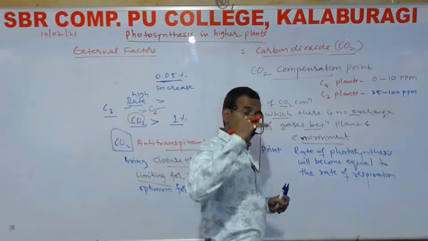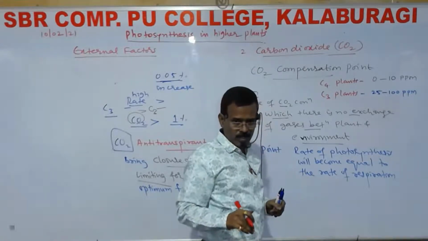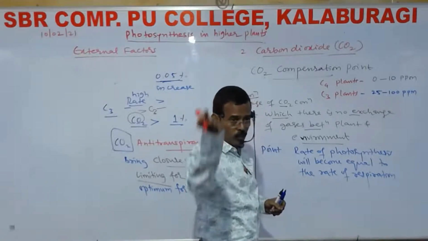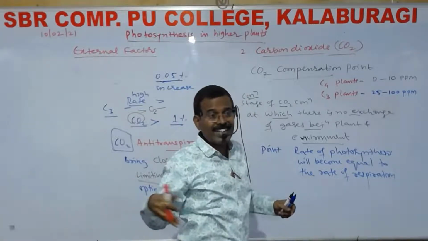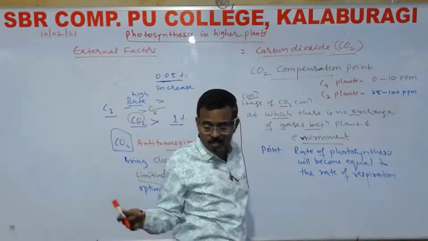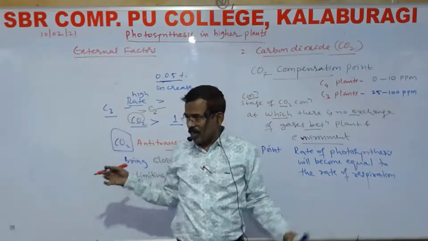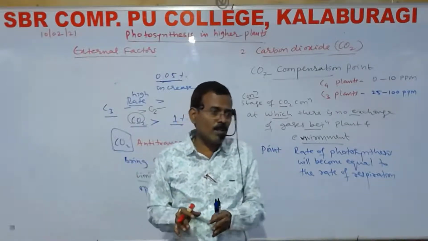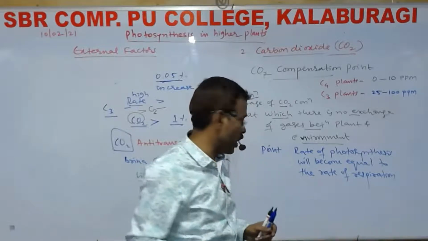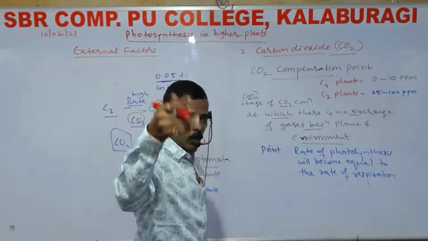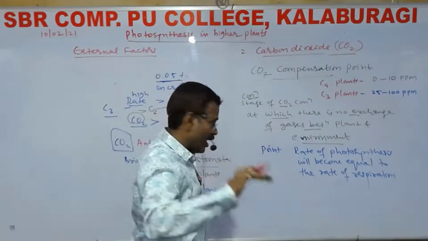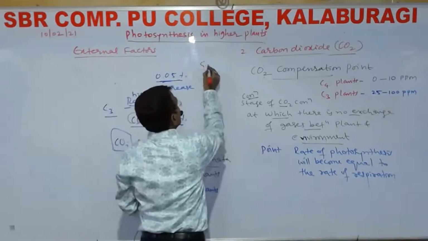When you raise the carbon dioxide concentration up to a certain level, the rate of photosynthesis also increases. Beyond the permissible level, it decreases, because CO2 acts as an anti-transpirant, which brings the closure of the stomata, thereby preventing the exchange of gases. So up to a certain level, the rate of photosynthesis can increase.